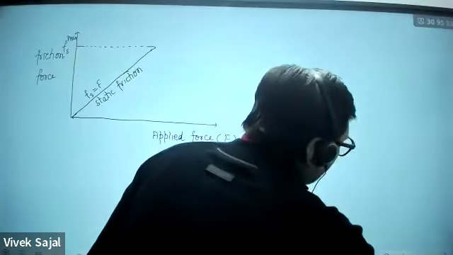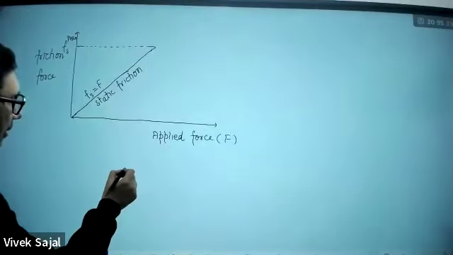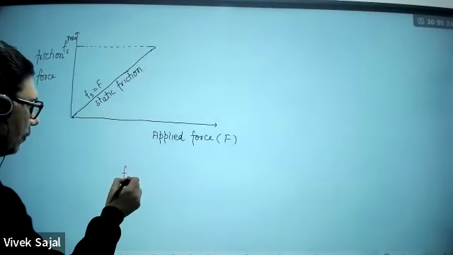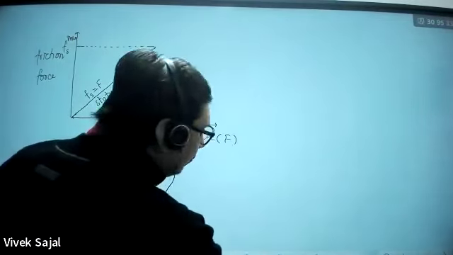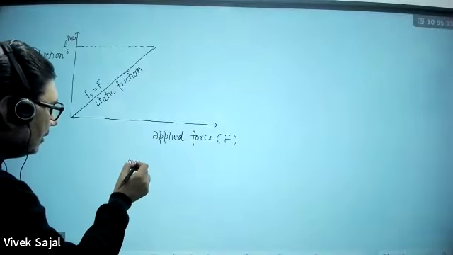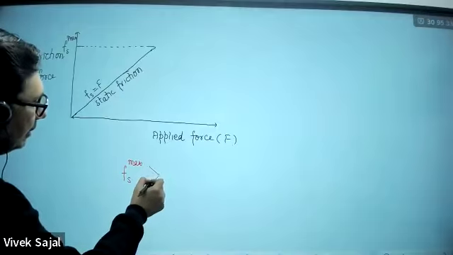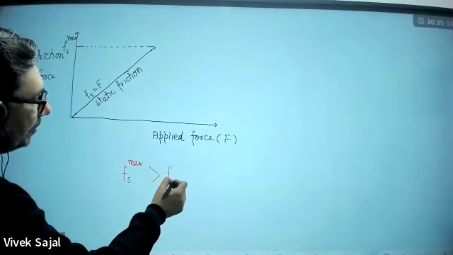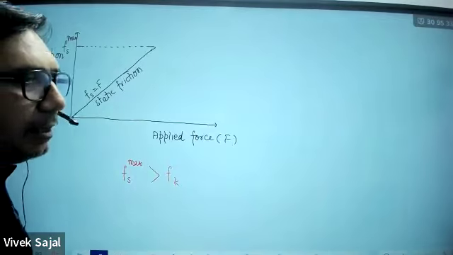Now, always remember this static friction force. Most of the time people write it like this, but actually this is Fs max, and it is greater than Fk. Why is it so?